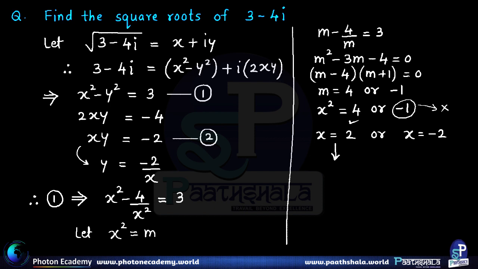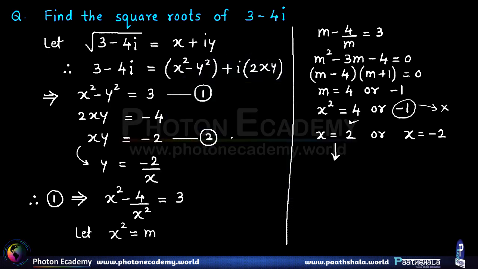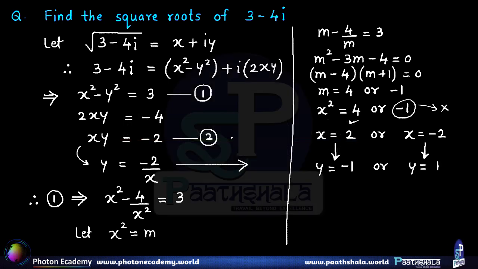Now corresponding to x equal to 2, the second equation gives us y equal to minus 2 upon 2, which is minus 1, or corresponding to the other value of x, minus 2, we get y equal to 1. So basically we get these two pairs of values of x and y.